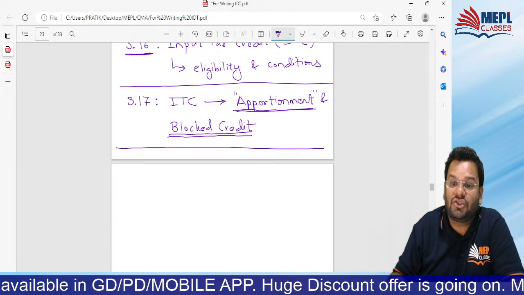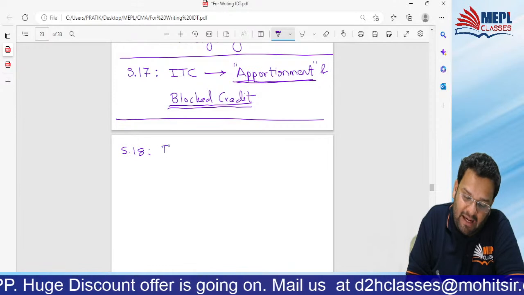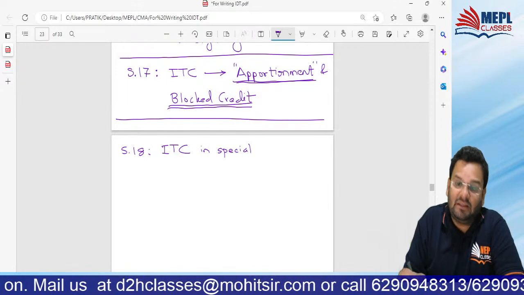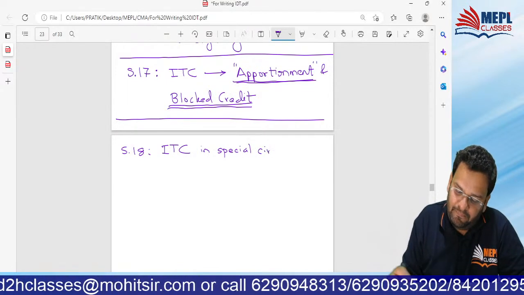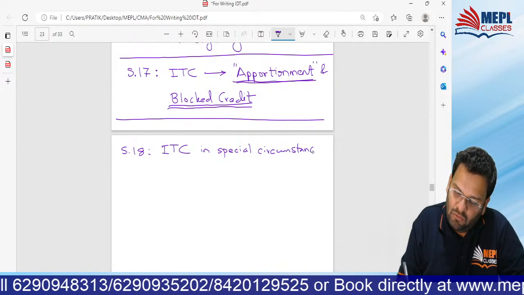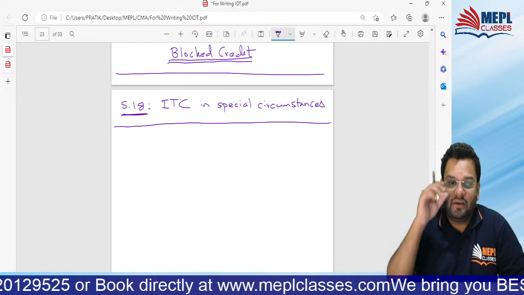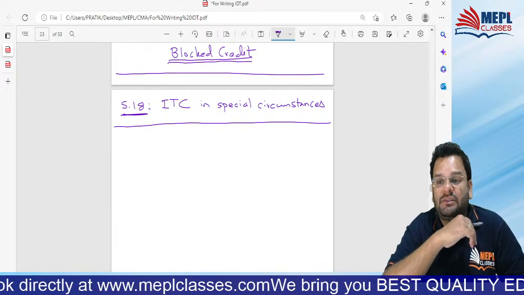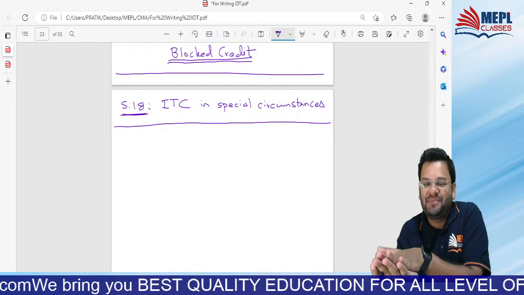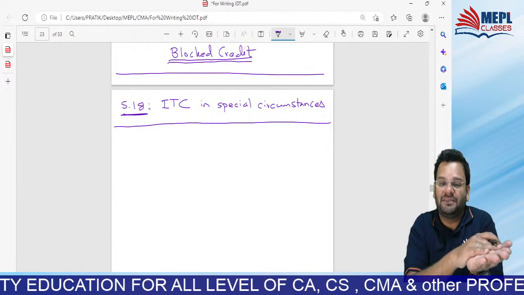Then comes section 18, which is ITC in special circumstances. Special circumstances means, earlier you were not claiming ITC because maybe you were unregistered, but now you have to take registration compulsorily.